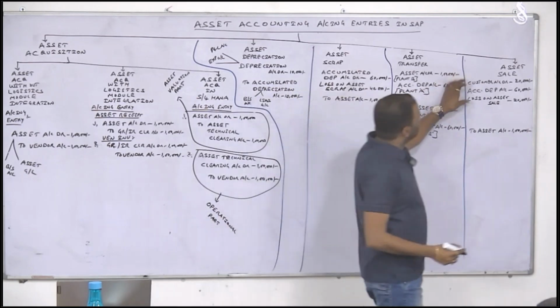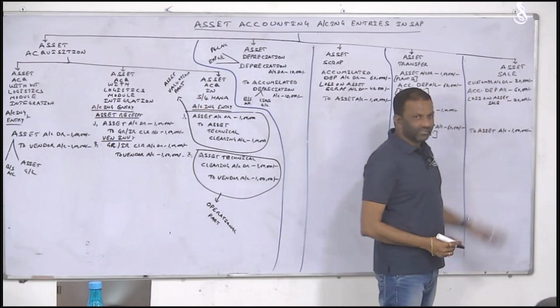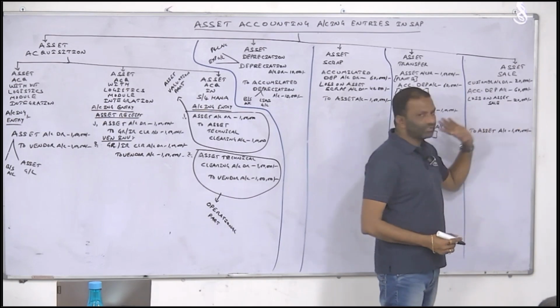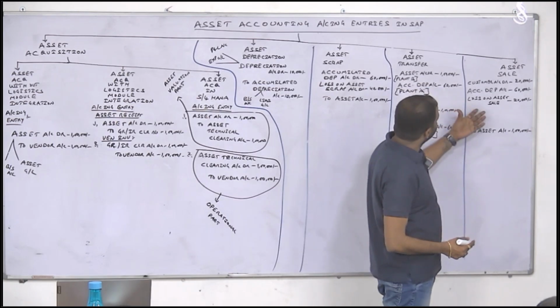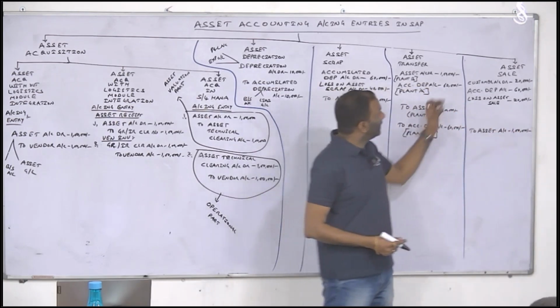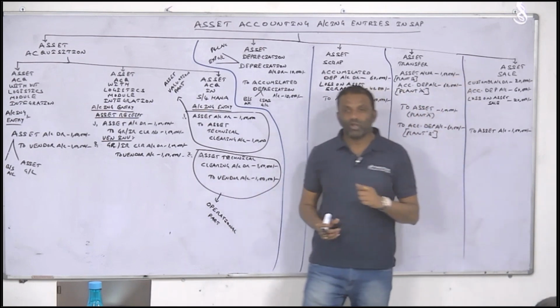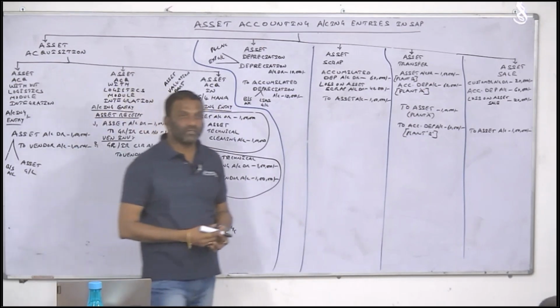If you clearly observe, the customer account is 20,000, I agree. Accumulated depreciation is 60,000, I agree. Loss on asset sale is 20,000, I agree. Hope you got my point. The asset account is 20,000, right? But whenever the customer comes, what will you receive from the customer? Revenue.